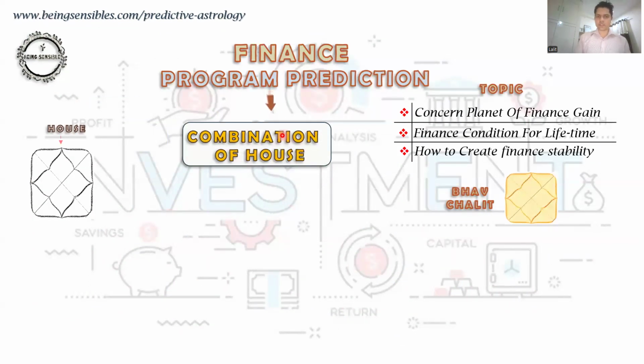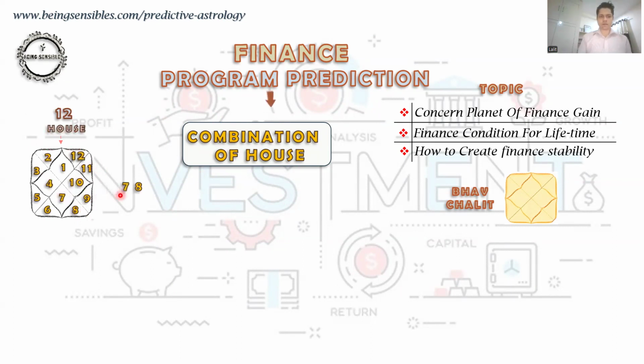In every astrology, the fundamentals of how to predict should be known. With this concept of predictive astrology, the combination of houses helps us understand the prediction and what comes. As we know, there is the 12th house.